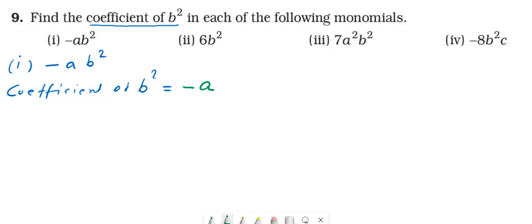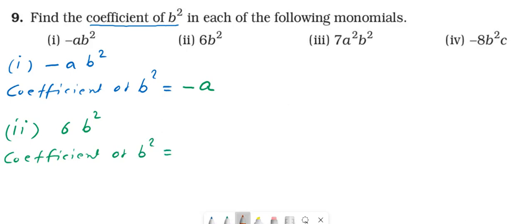Now let's see the second part. 6b square. So beta, coefficient of b square. It is 6 here. I think it is clear. Now beta, third part.